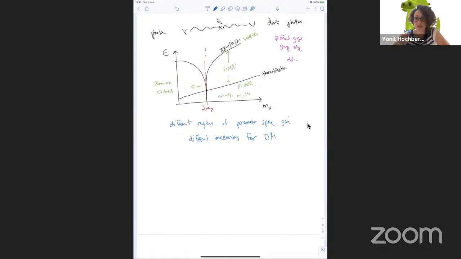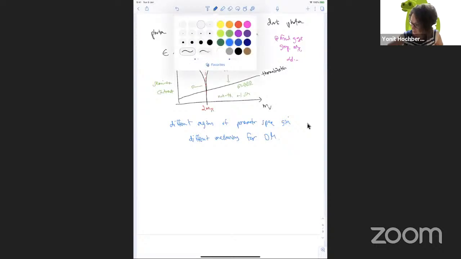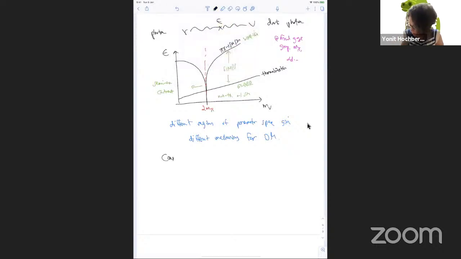And there are several existing constraints on this parameter space, and also future probes of new experiments or new analyses that could be probing these different regions of parameter space. So just to mention them, there are constraints on this parameter space, and they come from a variety of different frontiers.